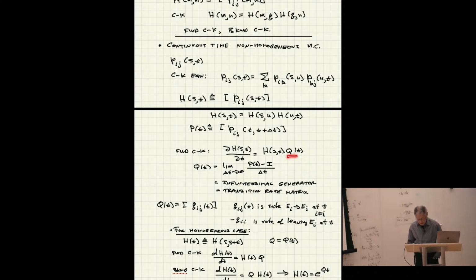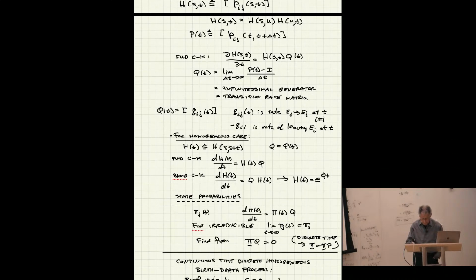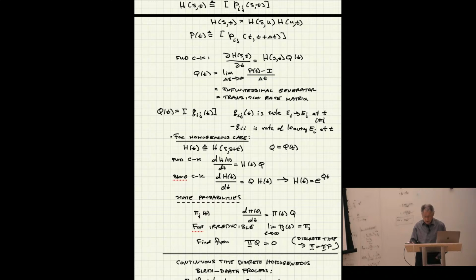And this quantity Q we defined as the limit of this thing minus the identity matrix over delta t as delta t goes to 0. This matrix Q is called the infinitesimal generator, also called a transition rate matrix. And it turns out to be important in the continuous time case.